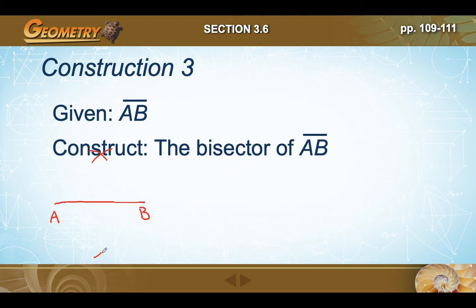You'll do the same thing right underneath. You should have an arc right there, pointy edge on A, draw a little arc with the other edge, and then put the pointy edge on B and draw an arc down here.